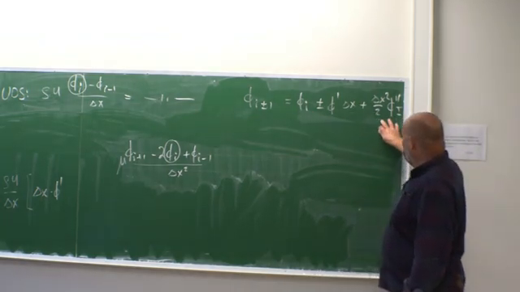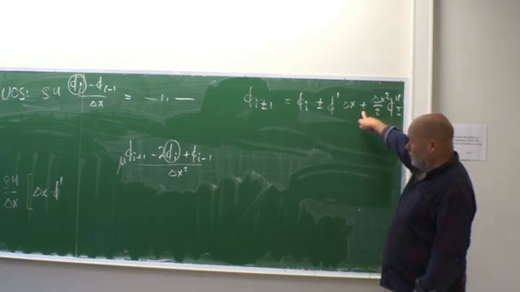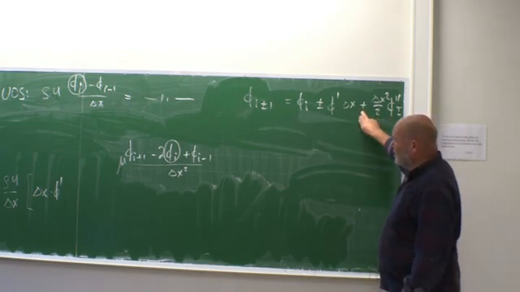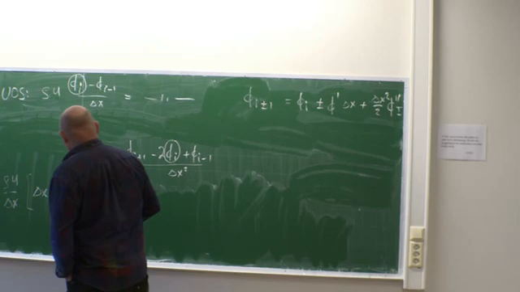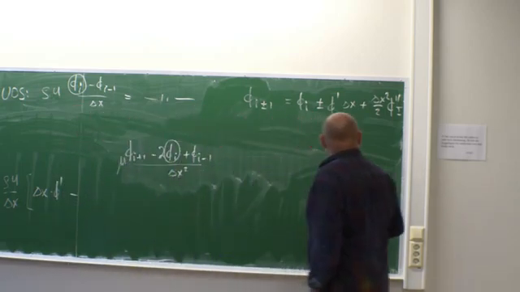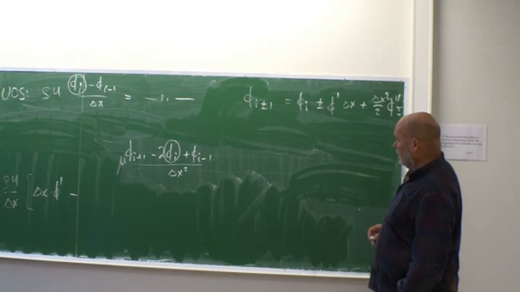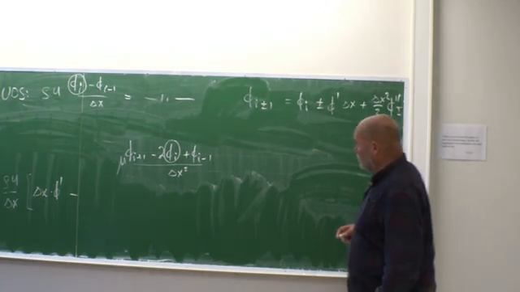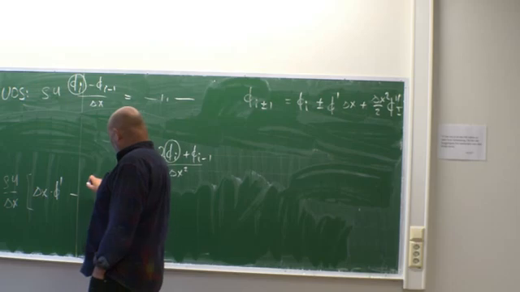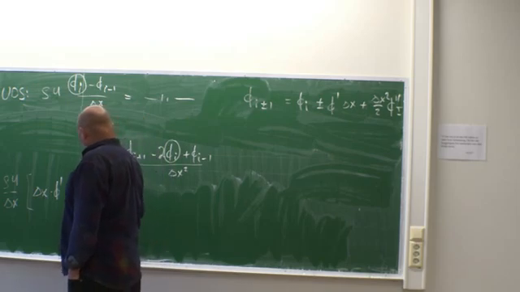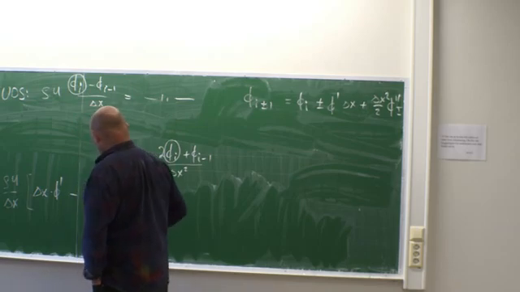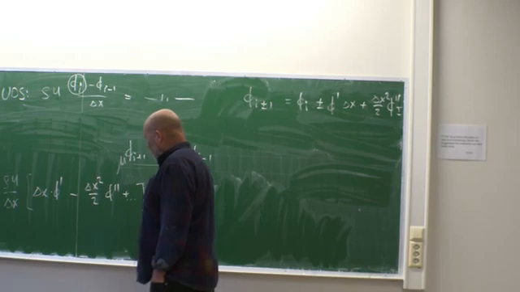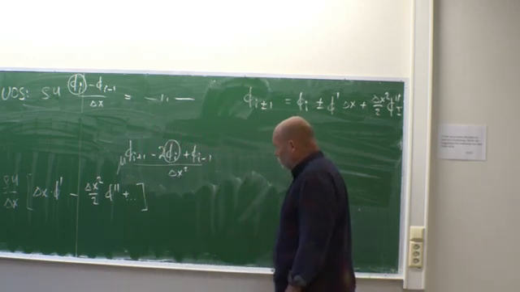But I have another term here. Positive in the Taylor series, but it's negative here. So we have something minus. So let's see what we get. We have minus this one, delta x squared half phi double derivative, and then even higher order terms. So that was the left hand side.